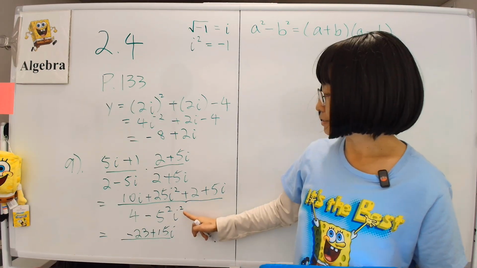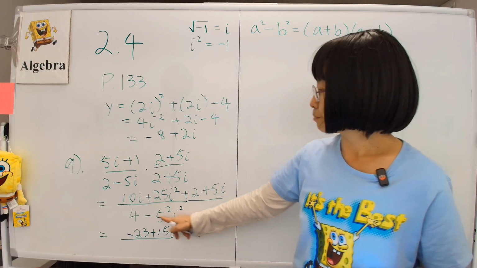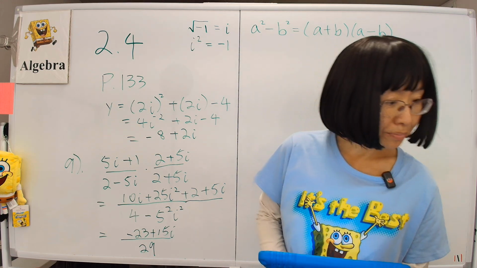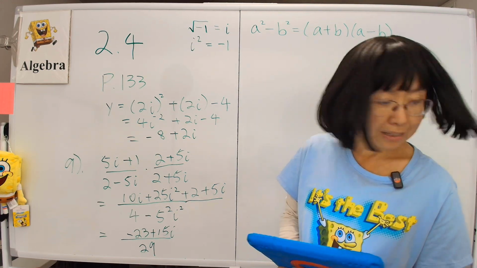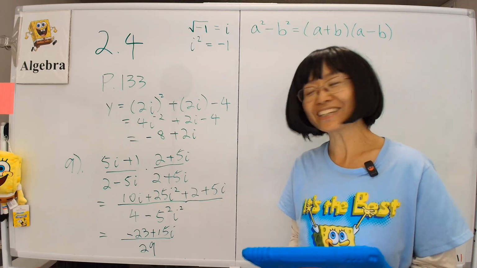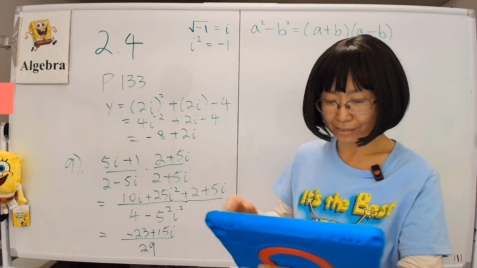The bottom is i squared again, switches the sign, becomes plus 25, plus 4 is 29. And that should be the answer: negative 23 plus 15i over 29. That's correct. Your book has it split into 2 fractions, but I would accept this one because I don't want to bother writing anymore.